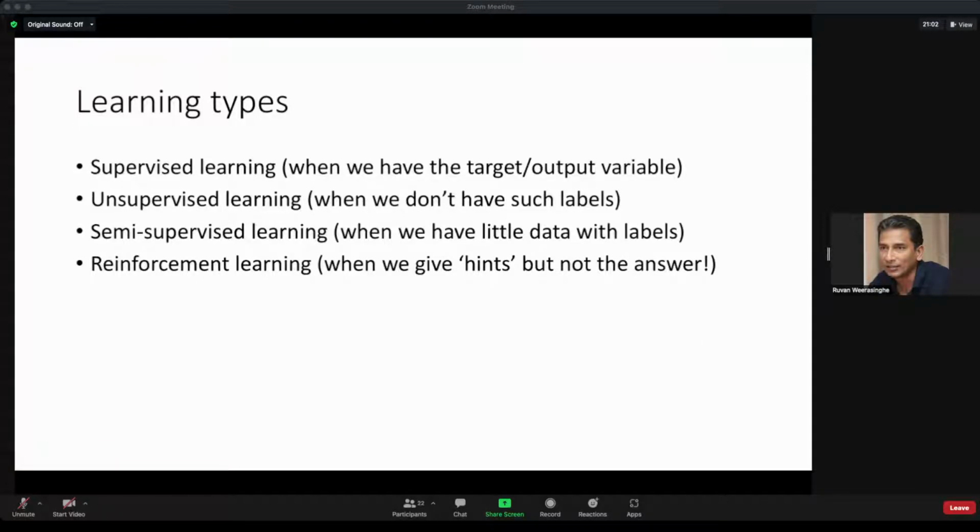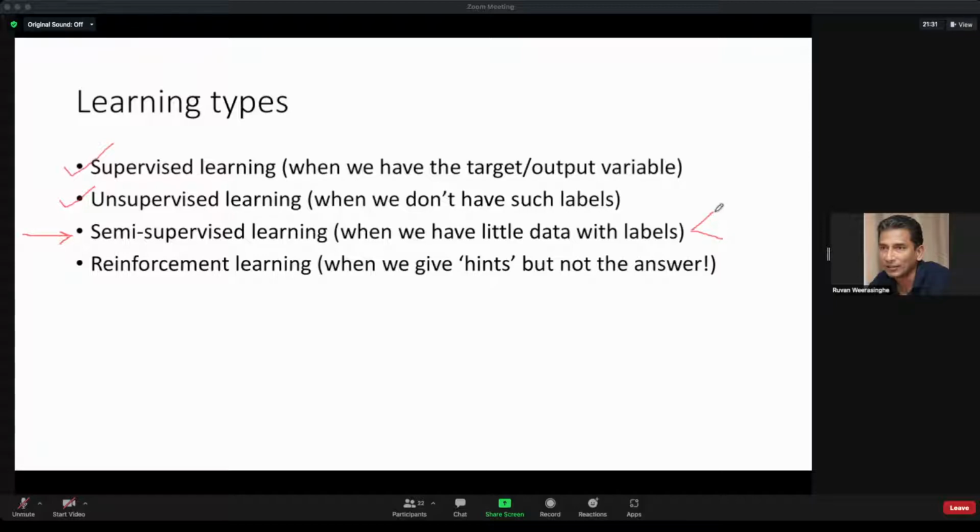Right. So learning types, we've already talked about this. We have supervised learning when we have the target, unsupervised learning when we don't have the target. There's also semi-supervised learning, when we have a little data with the labels. In fact, when you have a little data with the labels, we can do two things.